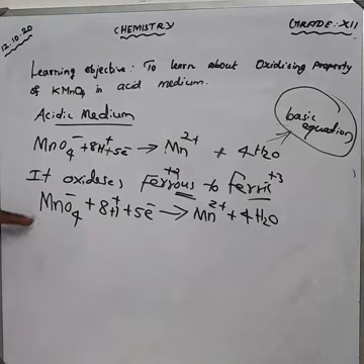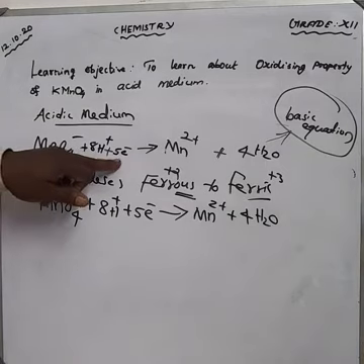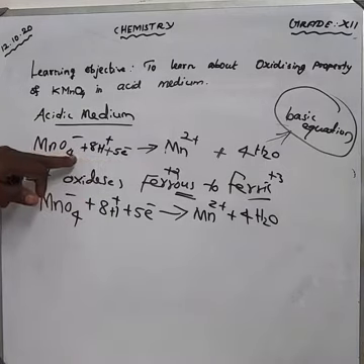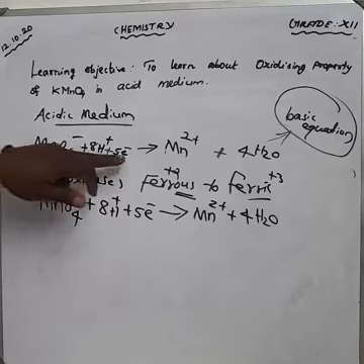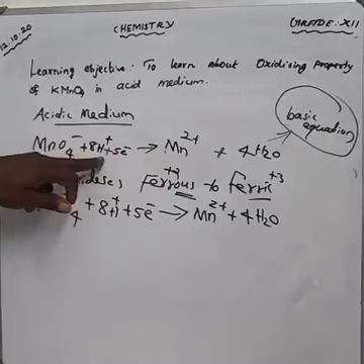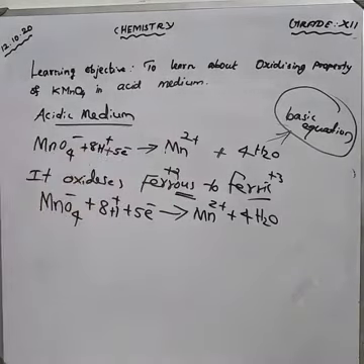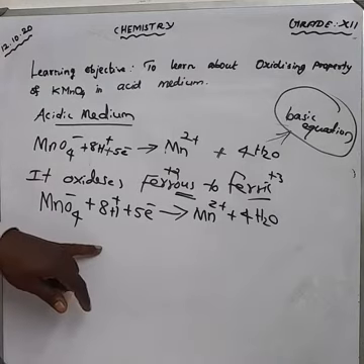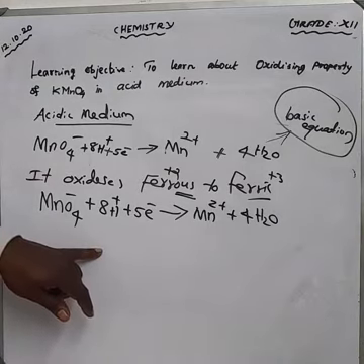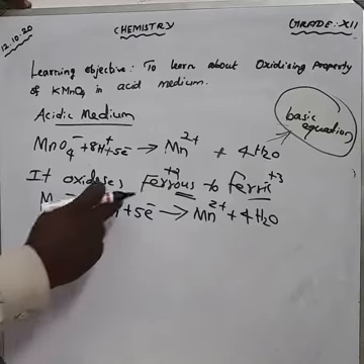Okay, this is the basic equation. Already we balanced the elements, balanced the oxygen, balanced the hydrogen, and balanced the charge. Everything is finished. Again, you should write the basic equation.